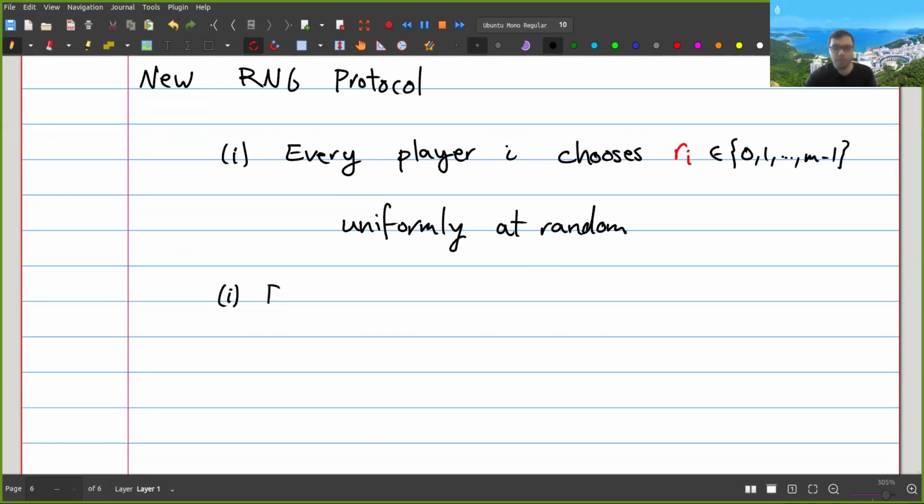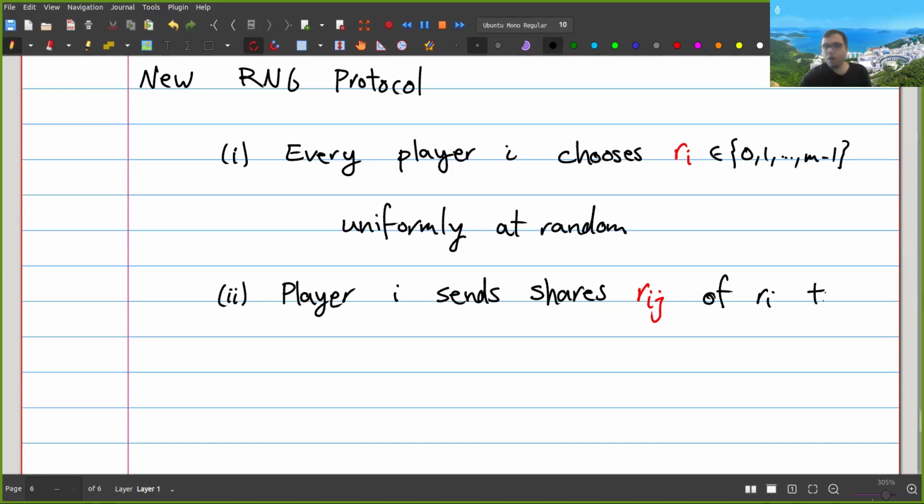So player I, this is step 2. Player I sends shares, let's call this Rij of Ri to all the other players, to every player J that is not equal to I. So to everyone else, I send a share.